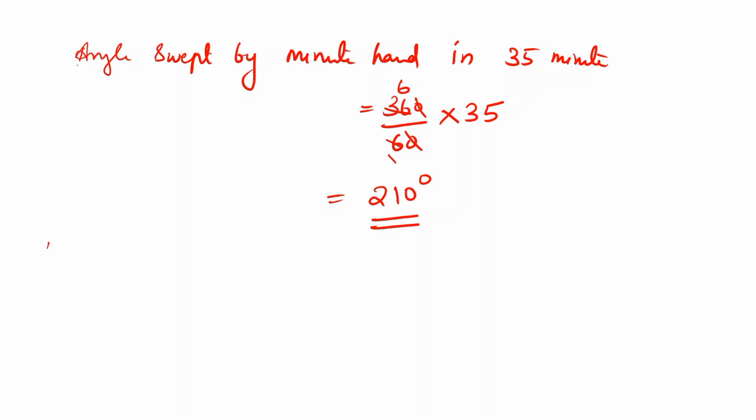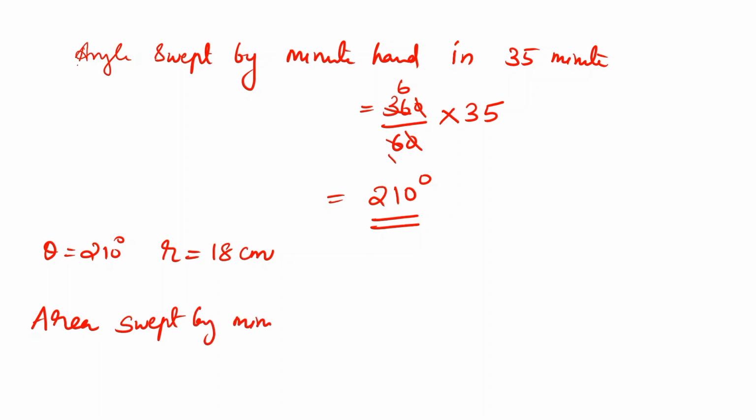Okay, so we know angle and we know the radius. The minute hand is acting as a radius of that circle, right? 18 centimeter. So we just want to find the area swept by minute hand in 35 minutes. Okay, that is the equation, theta divided by 360 times pi r square.